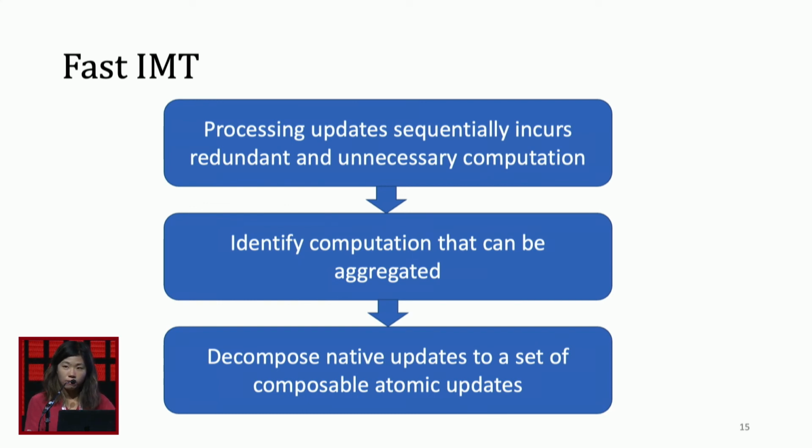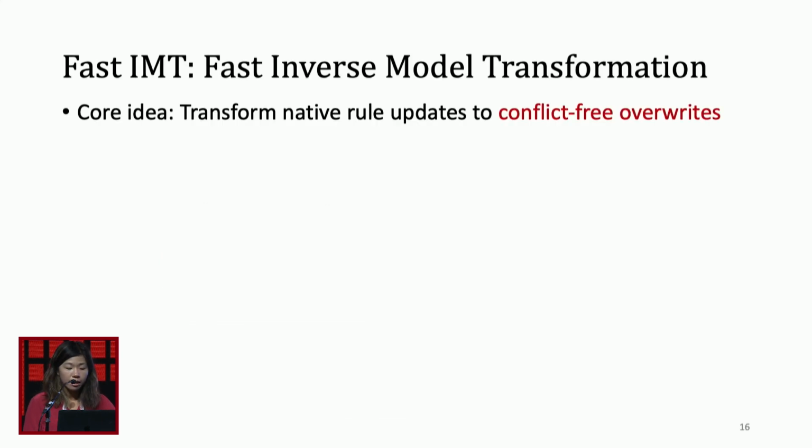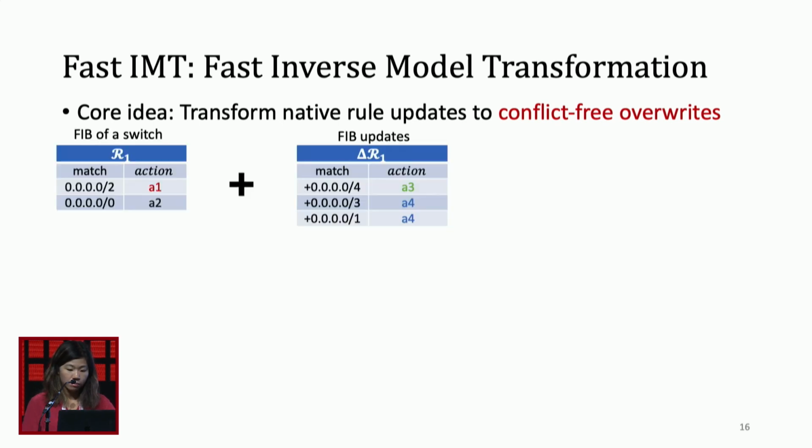But it is not very easy. And the key idea is to decompose naive updates into a set of composable atomic updates. So these are the key ideas of Fast IMT. Again, I'm going to talk about it using an example.